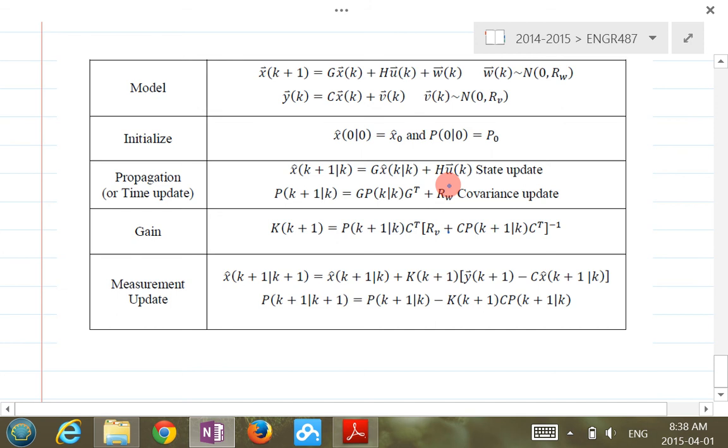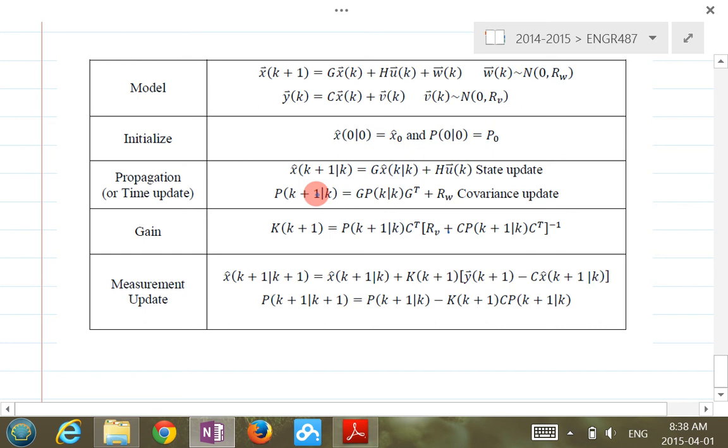Then we update and calculate the Kalman filter gain, capital K. Once you get this, we do the next part, which is from the current type of Kalman filter. So you do a measurement update, then you calculate the error covariance matrix, capital P.